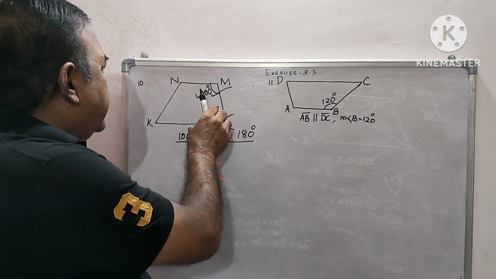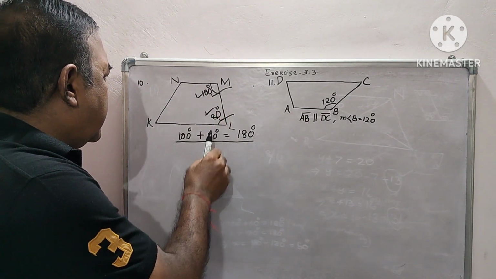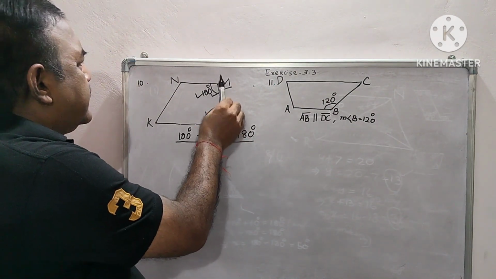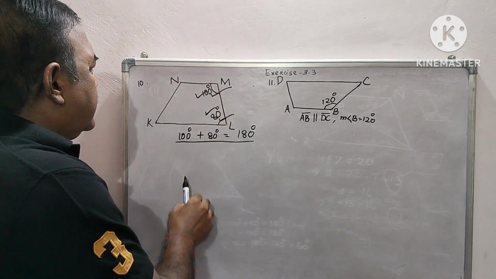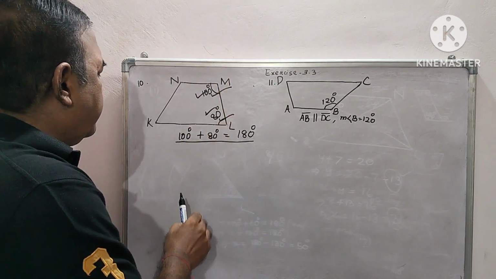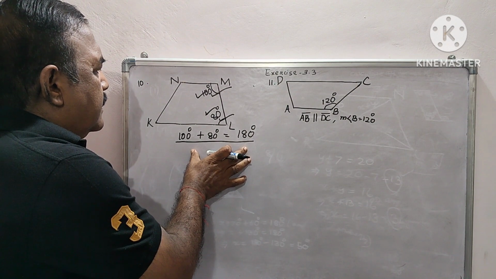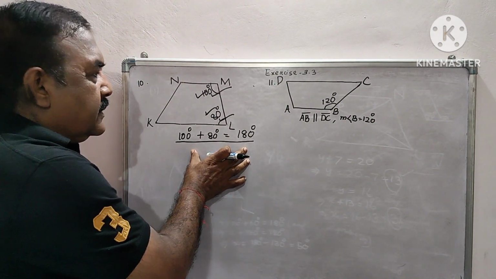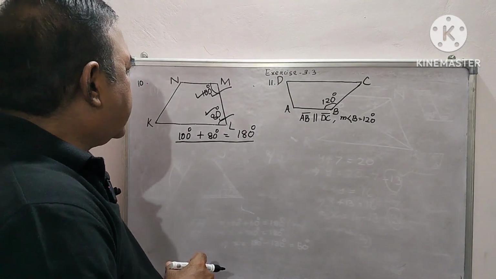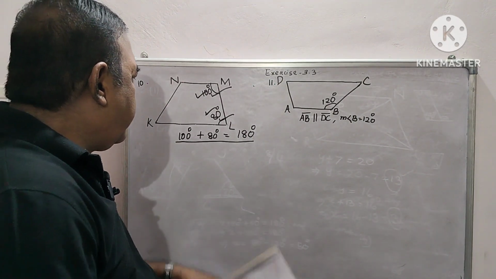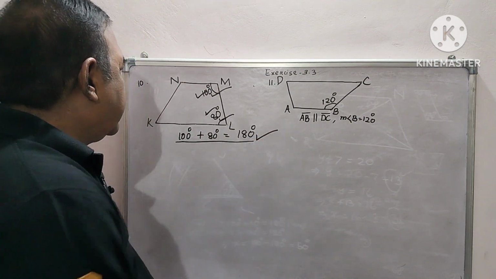That means the interior angles on one side of the transversal sum up to 180 degree. So here the two lines are definitely parallel because the interior angles on the same side of the transversal are supplementary.